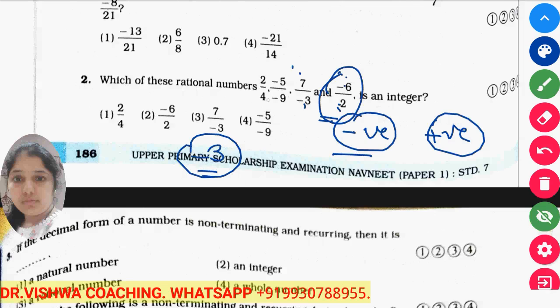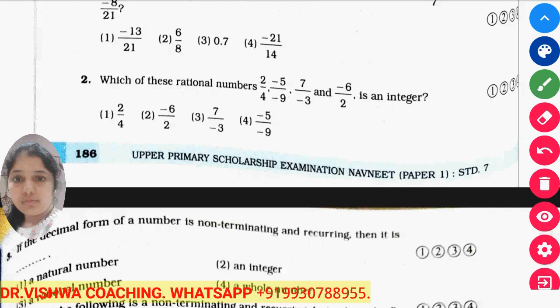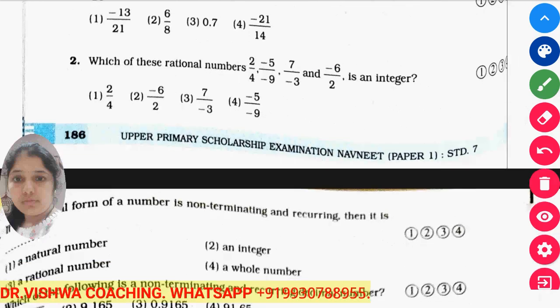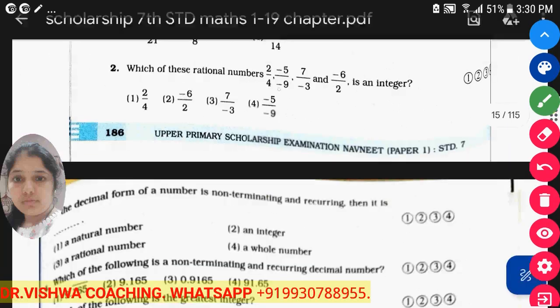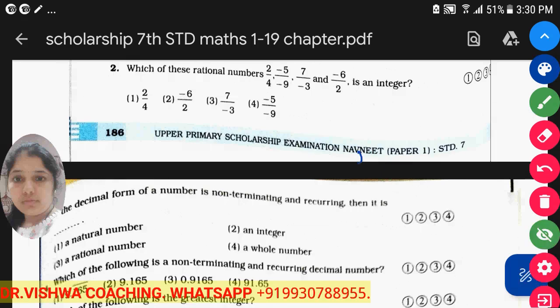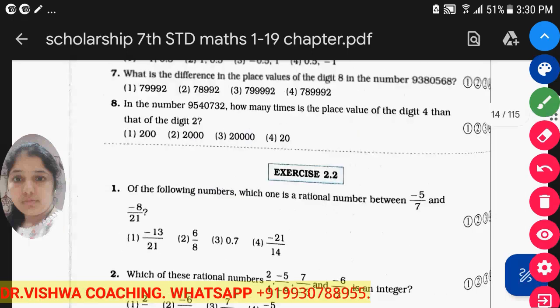Otherwise, here we cannot divide completely. Some remainder will be there. This is also in the form of decimal, 2 upon 4, because it is 0.5. And we want an integer, that is a whole number. So minus 3 is the correct answer. So minus 6 upon 2 is the answer.